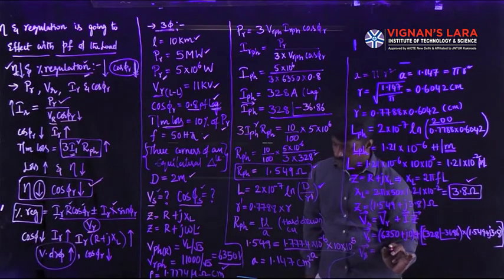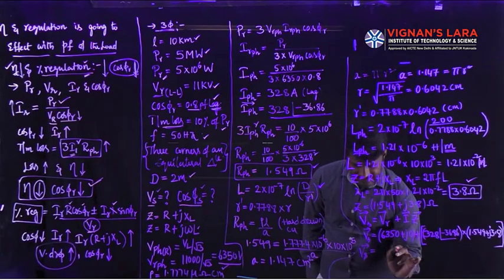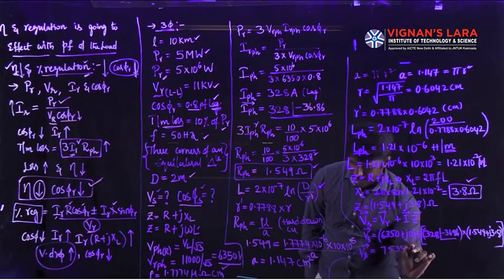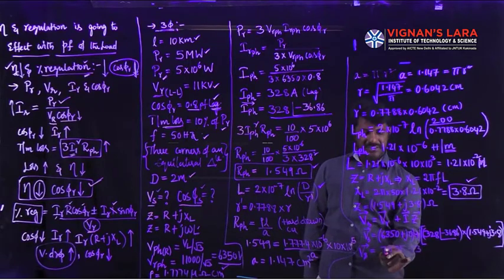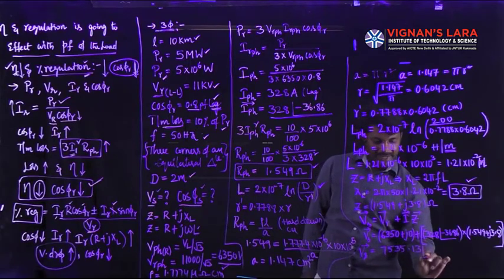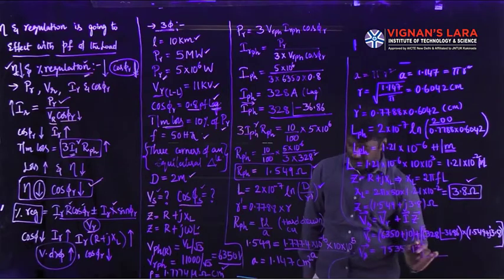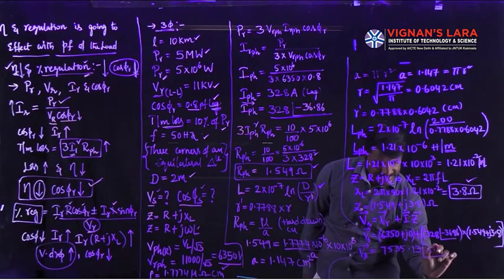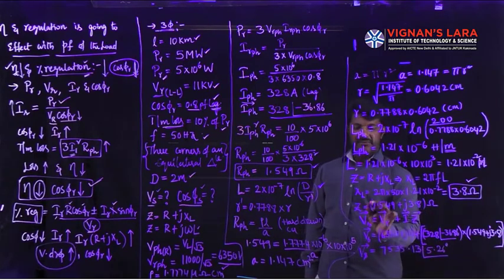is equal to 7535.13 volts. This much amount of per phase voltage you can obtain, which makes an angle of 5.26 degrees with respect to the reference. What is the reference? VR is the reference.